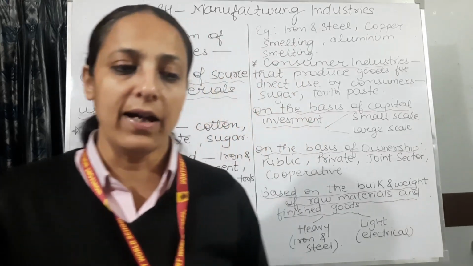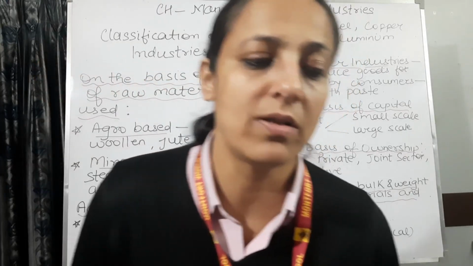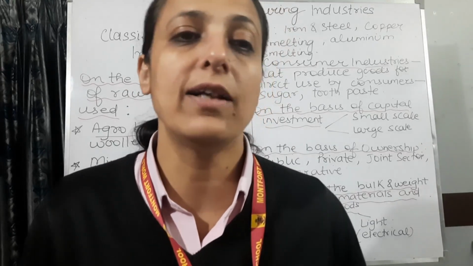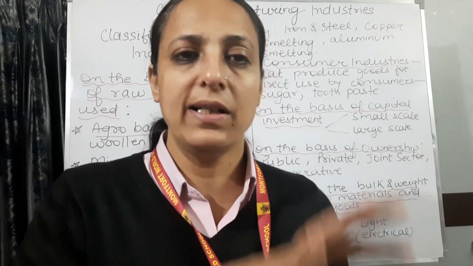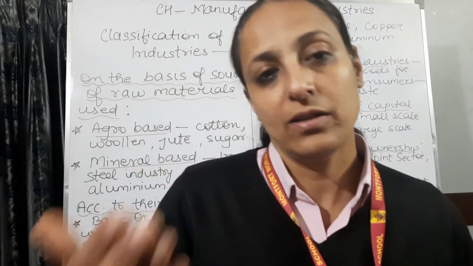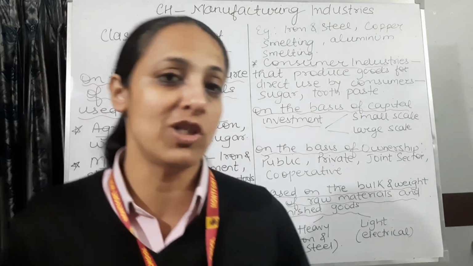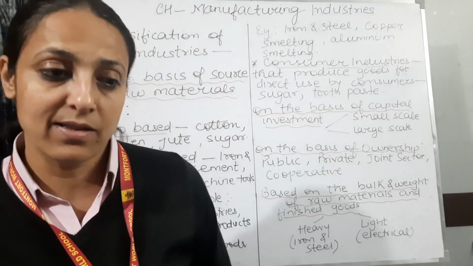And why is this mismatch there? Because spinning is highly centralized in the states of Gujarat, Maharashtra and Tamil Nadu. The spinning work is being done in these states only, because of the favorable climatic conditions for spinning there. And weaving is highly decentralized, spread throughout the country according to the traditional skill the artisans have.